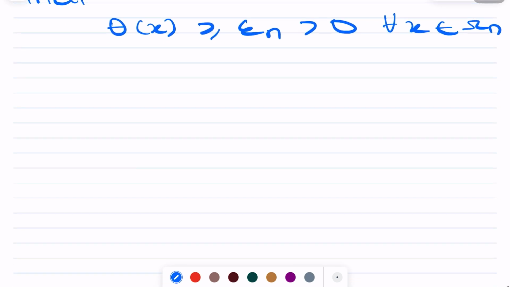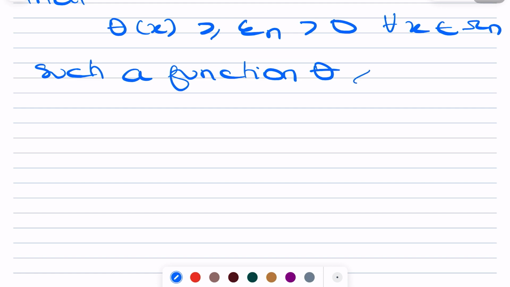Of course, such a function theta exists indeed.